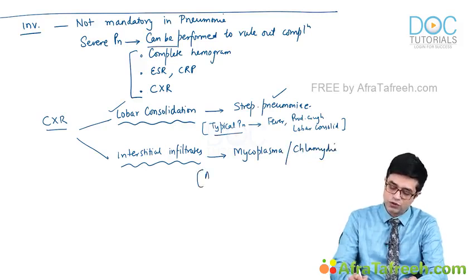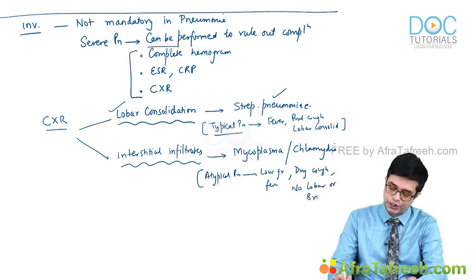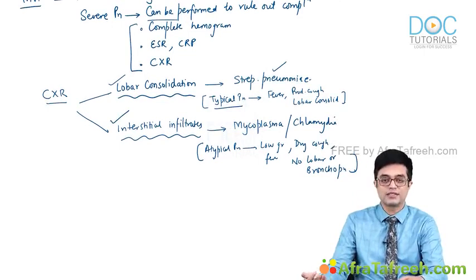They will tend to produce an atypical pneumonia, which will have low-grade fever and dry cough, and there will be no lobar consolidation or bronchopneumonia. So these are the two types of patterns which can be seen in chest X-ray.